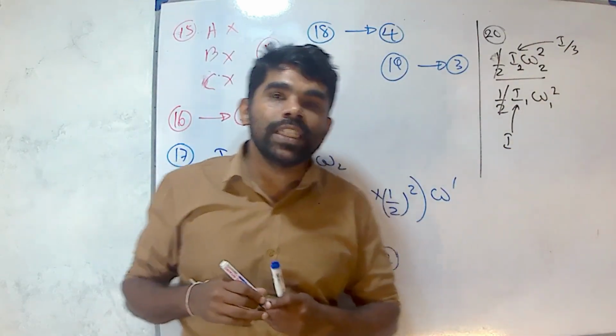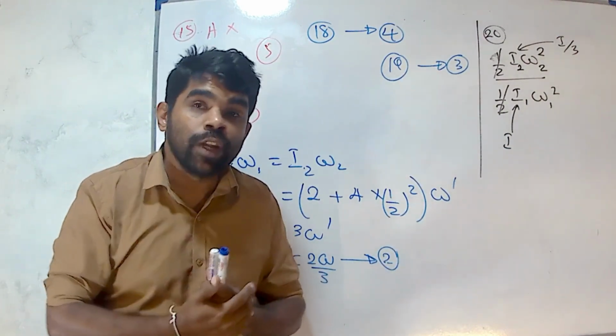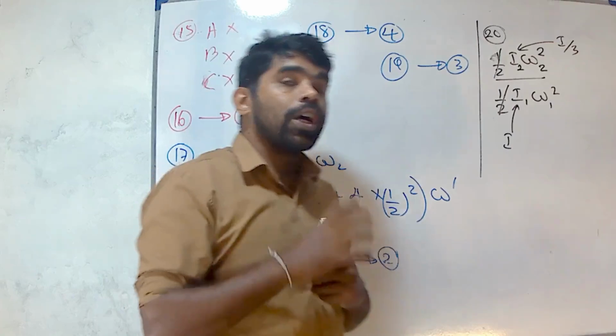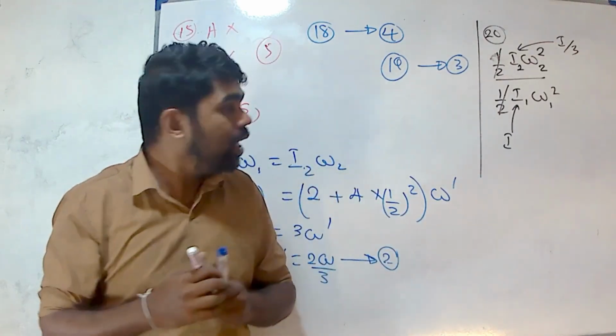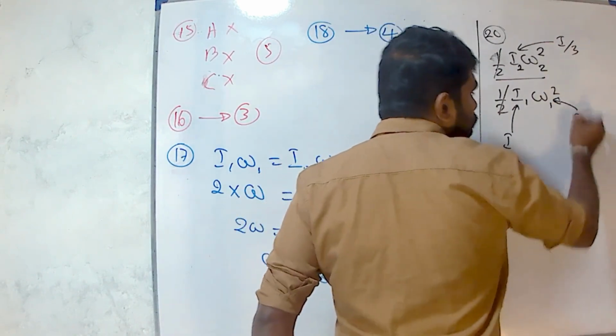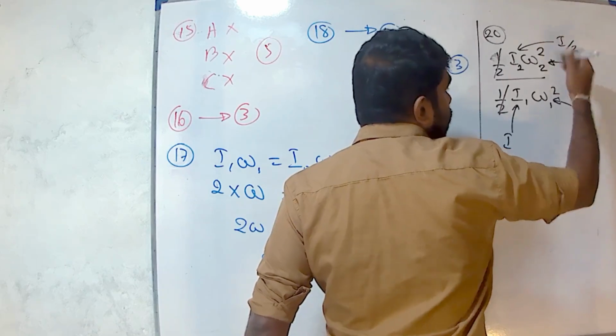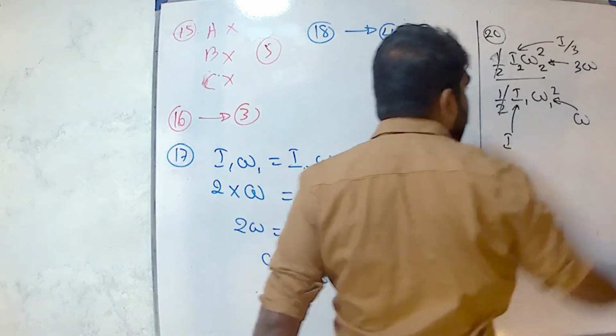Then the moment of inertia is 1/3, so the angular velocity should be 3 times according to the conservation of angular momentum. If the angular velocity for the first situation is omega, the angular velocity for the final situation is 3 omega.